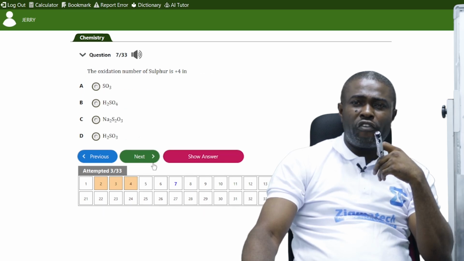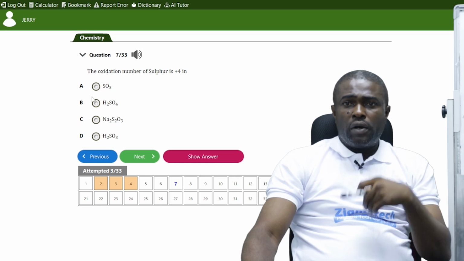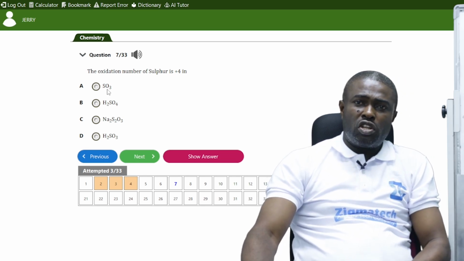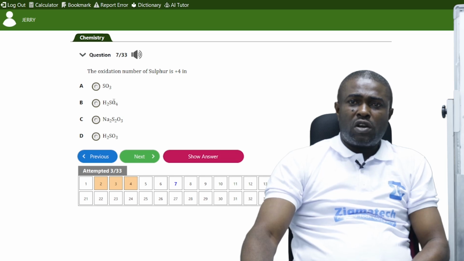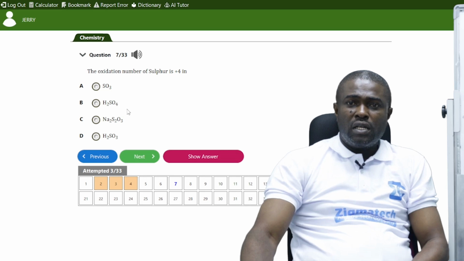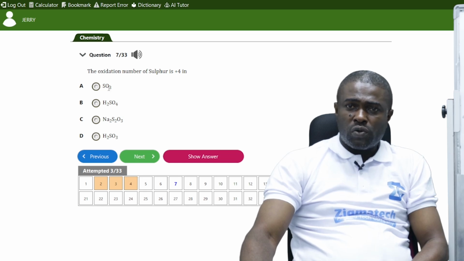The oxidation number of sulfur is +4 in which of the formulas below? The first one here, the oxidation number is +6. The second one is +6. So the correct answer is the one that has +4. Now let's look at D. D and A can confuse you.